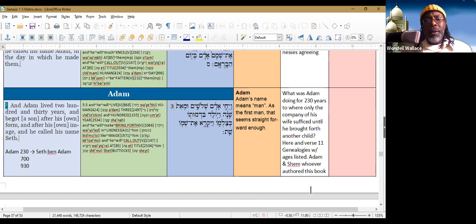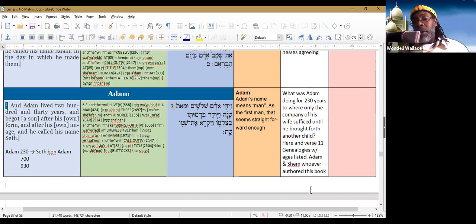I don't know. Okay, and also I said here that this chapter 5 is the only place, along with chapter 11, where ages are mentioned. There might be another genealogy somewhere nestled in the Bible. I'm not sure. I don't want to be wrong about that, so I won't say absolutely that this is the only place in chapter 11.